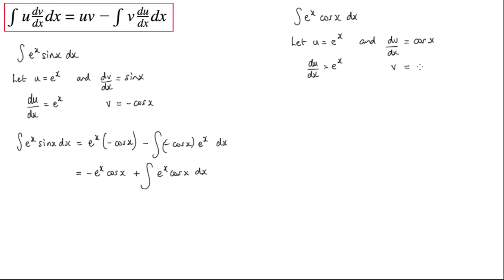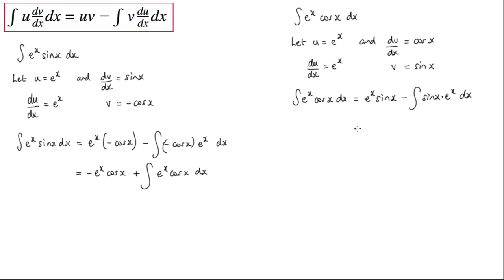The integral of cos x is sine x. So we have that the integral of e to the x cos x dx is equal to u times v, which is e to the x sine x, minus the integral of v, which is sine x, times du by dx, which is e to the x dx.